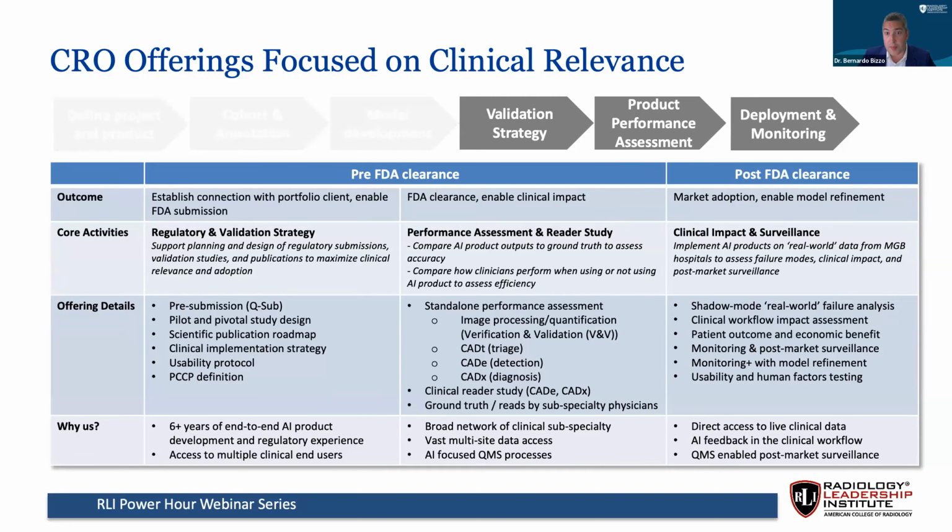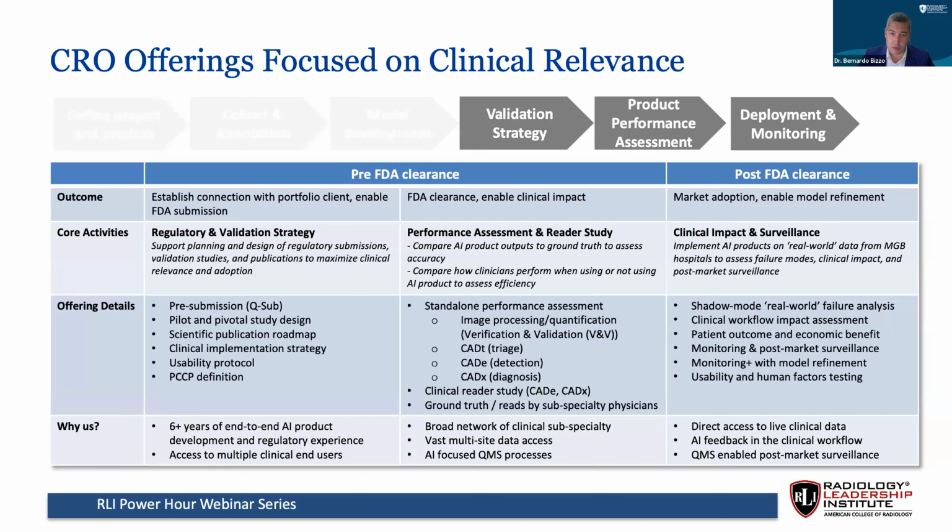If we move to the middle column, performance assessment and reader study, that's the actual validation of these tools. The clinical studies and the results of those assessments are the basis of what we call a clinical study report that's submitted to the FDA. I'll tell you more about that in a minute. Before that, on the right-hand side of the slide, we have what we call the clinical deployment and monitoring activities.